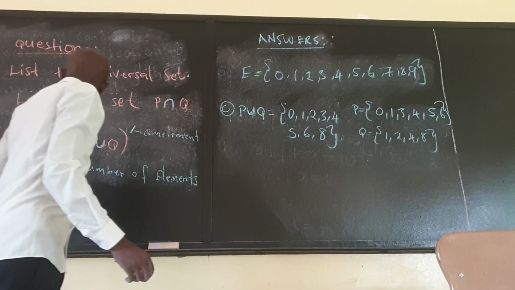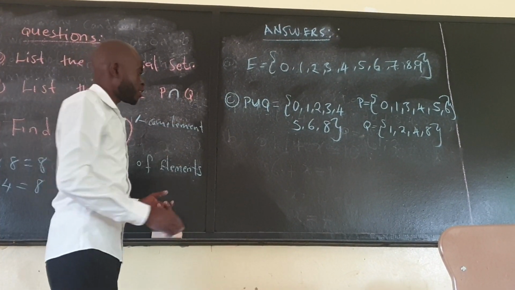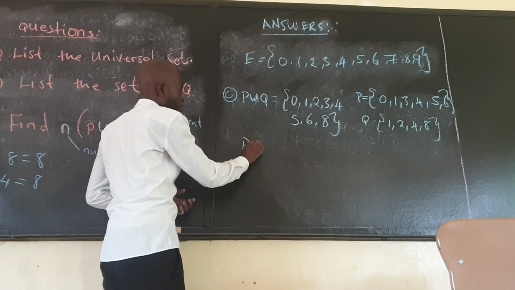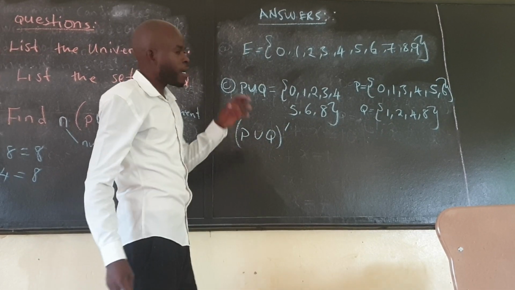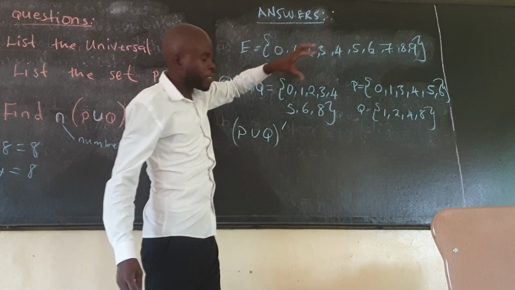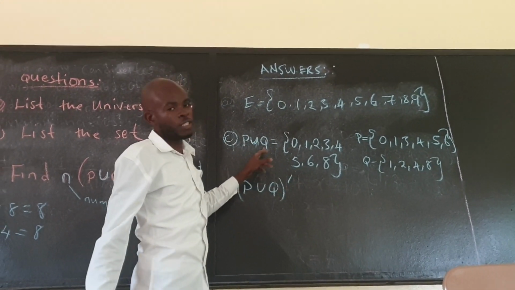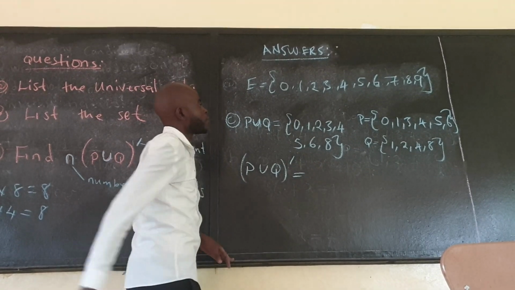Now, I was saying complement of a set, because we are now going to find P union Q complement. These are the members which are in the universal set, but they are not part of P union Q. So we are going to write those.